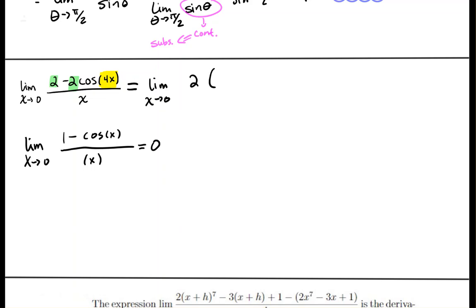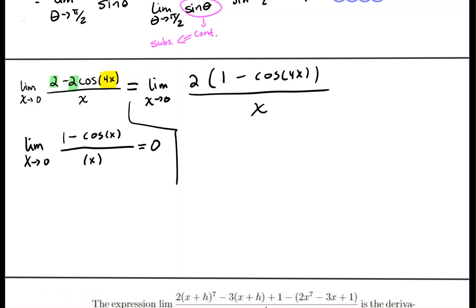You can factor out a 2, and you would be left with 1 minus cosine of 4x all divided by x. So then you can pull the constant multiple out of the limit, all divided by x.